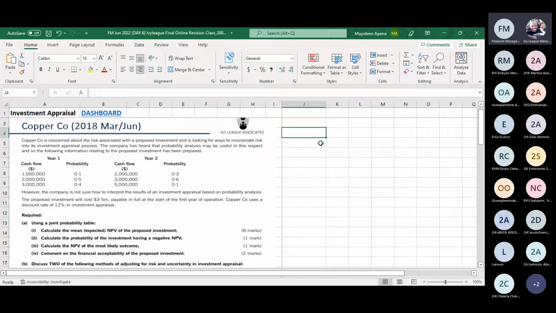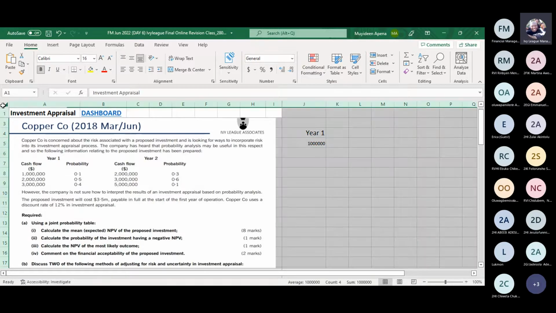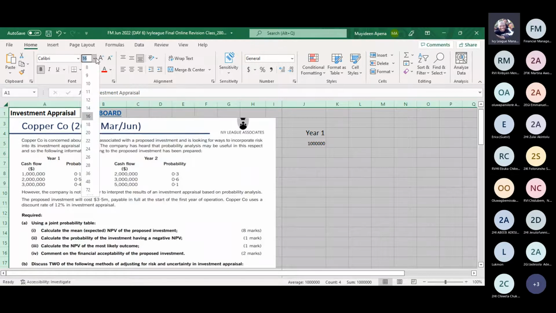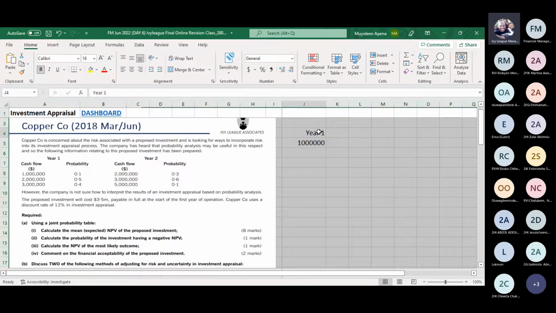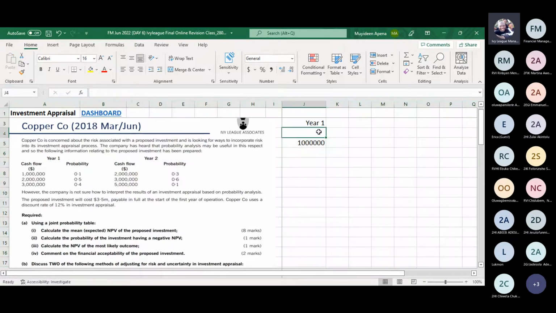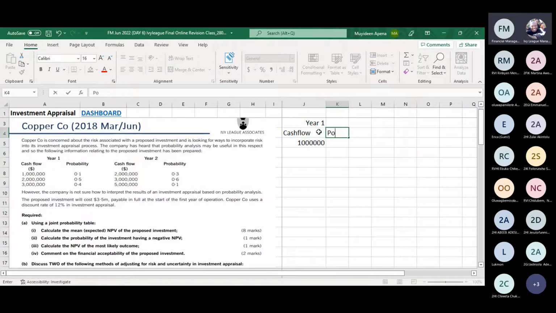Look at year one. 1 million cash flow on the probability of 0.1.